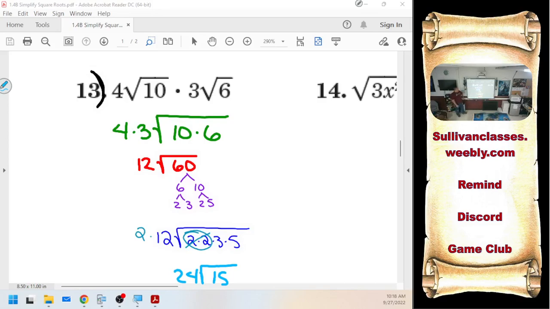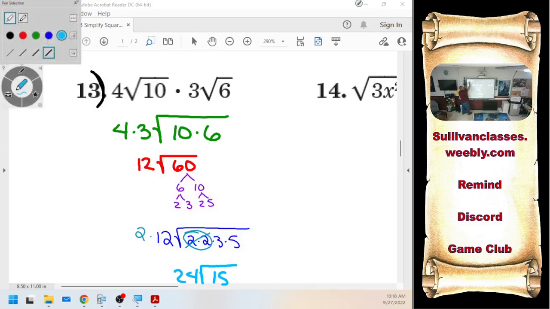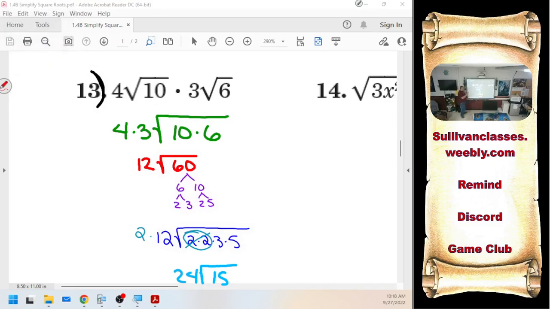What I'd like you to get used to is that you don't have to do it one specific way. What if I were to write this as 4 by 3? What if I broke these up right now and said 10 is 2 and 5, 6 is 2 and 3?